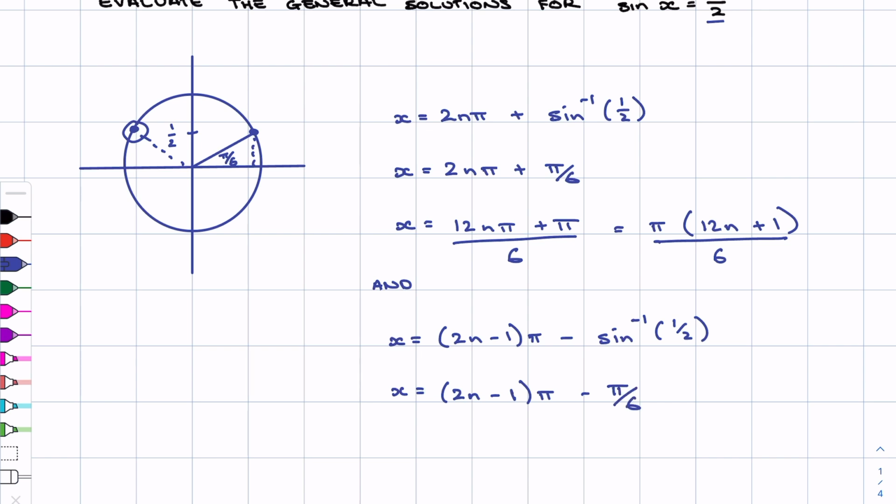Now we might look to neaten this up a little bit. So I might say 6, 2n minus 1 pi minus pi.